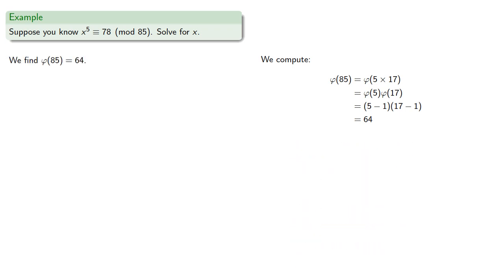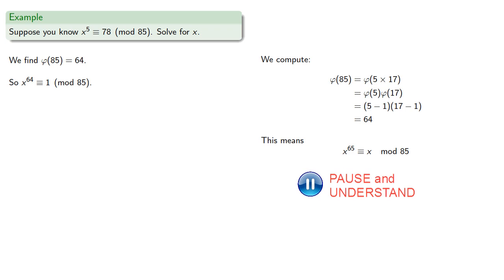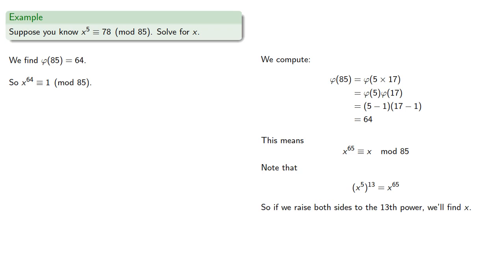So x to the power 64 is congruent to 1 mod 85, and this means that x to the power 65 is congruent to x. And the important thing about that is 65 is 5 times 13. So if we raise both sides to the 13th power, we'll find x.